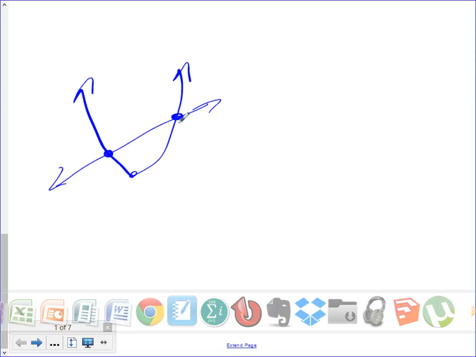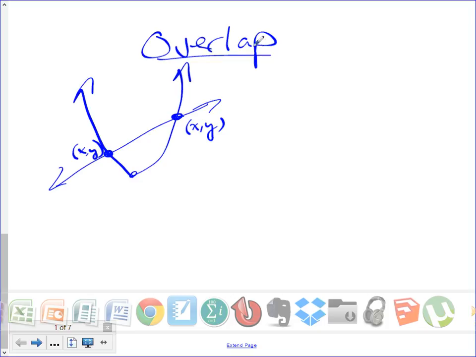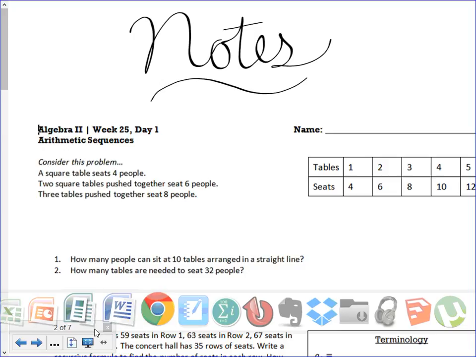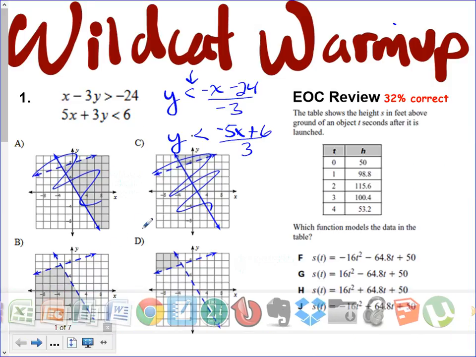That's where the answers are. The key idea here is that the solutions are wherever the graphs overlap. So if it's equations, they overlap at points. If it's inequalities, they overlap in sections on the graph.